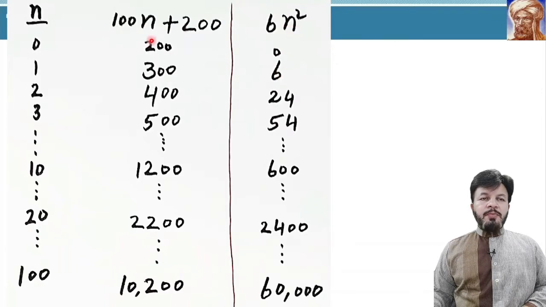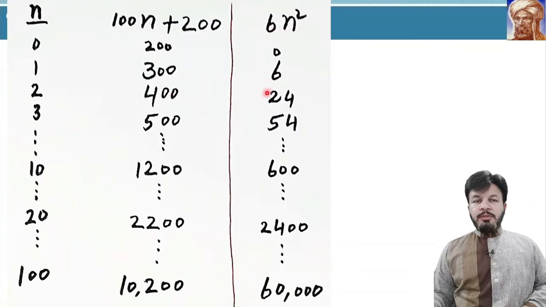As you have seen, f(n) is greater than g(n) for the values 0 and 1. Now take n as 2: we get 400 and 24. For 3, f(n) is 500 and g(n) is 54.